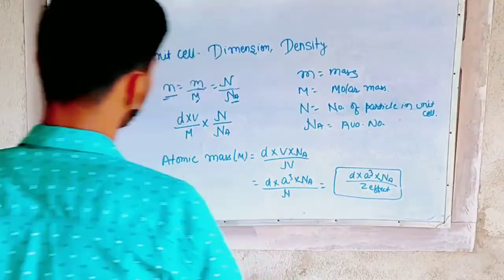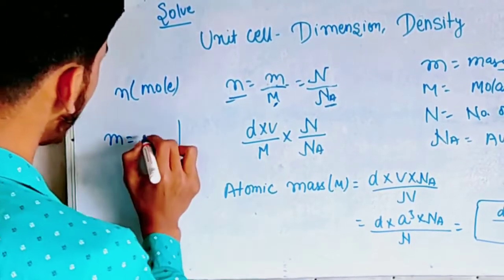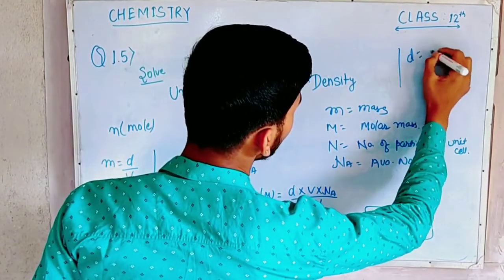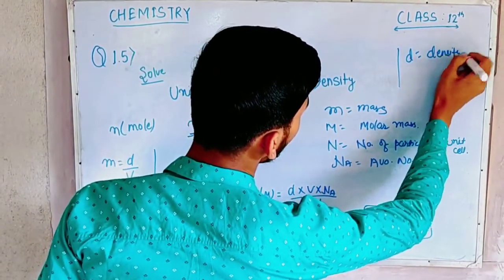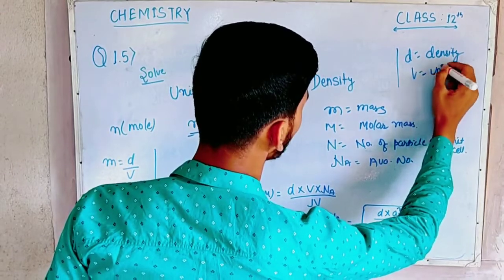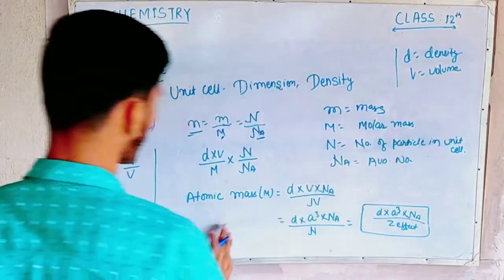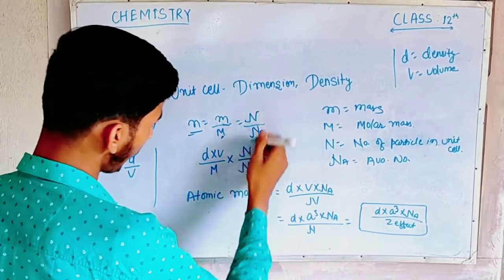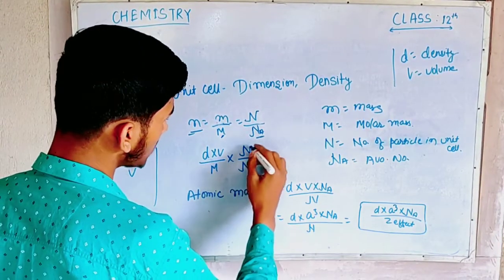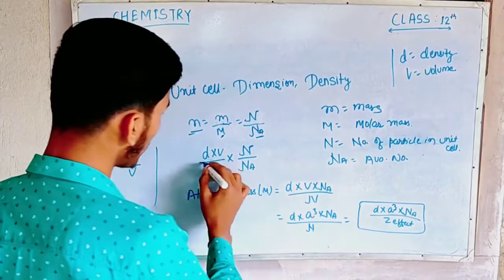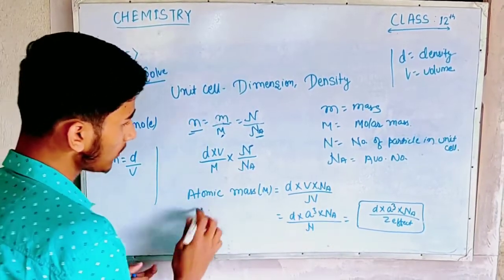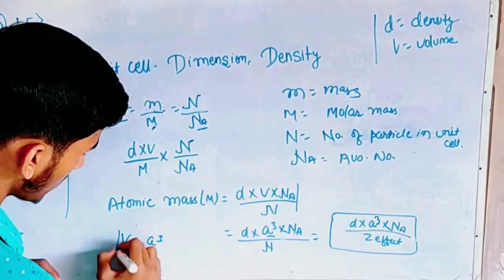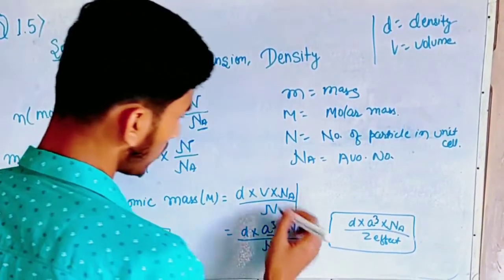So as you can see, we all know that the formula of mass is density times volume, D times V. D means density, right? And V means volume, right? So we can put here D into V into, and by Avogadro number, the number of particles by the Avogadro number, by the molar mass, right? The formula of volume is a cube, so we put here a cube for V.